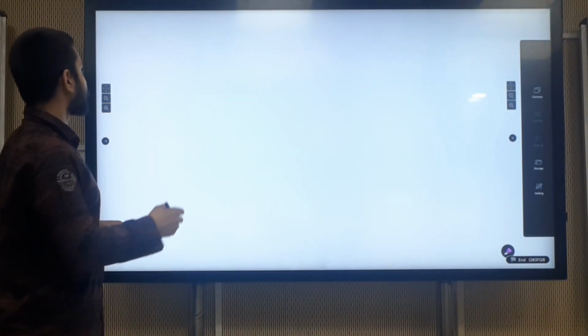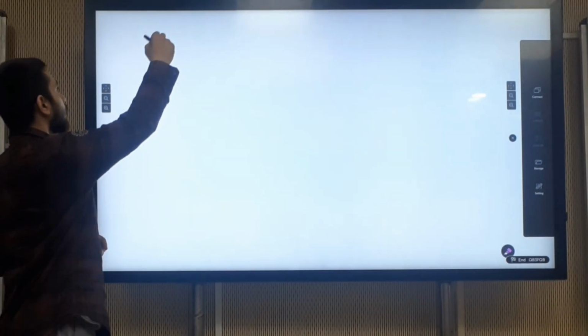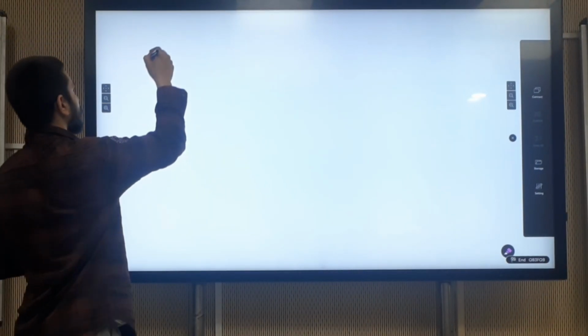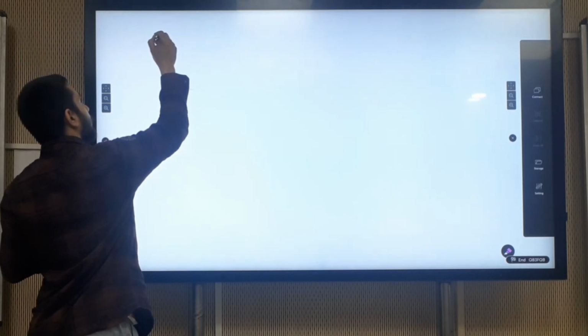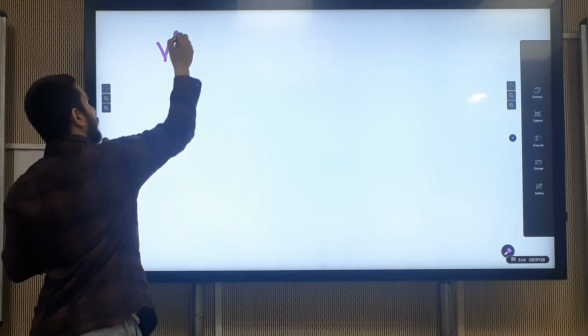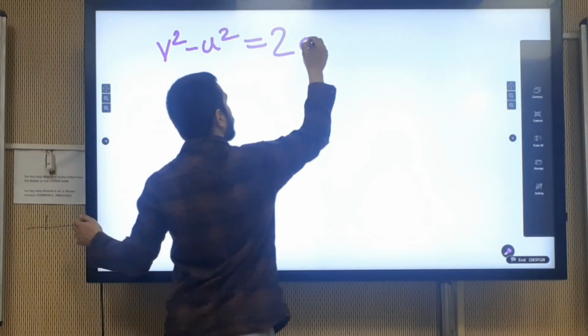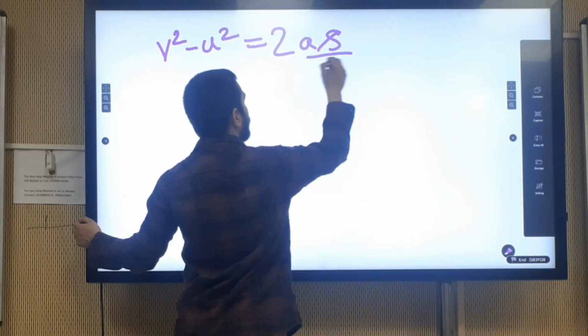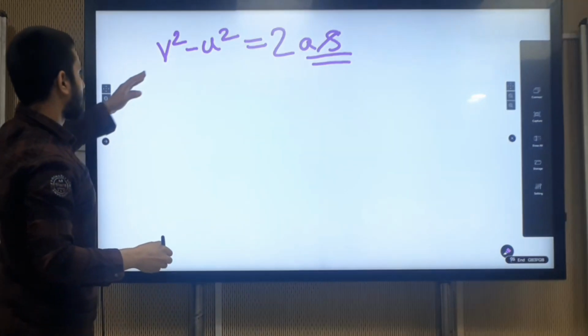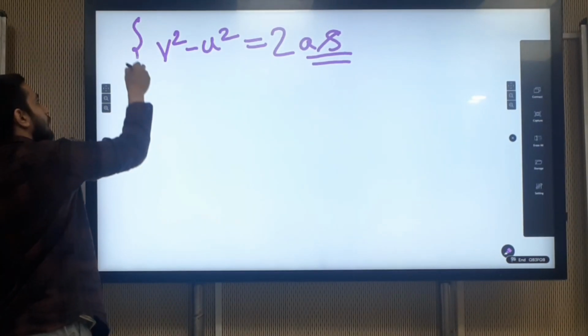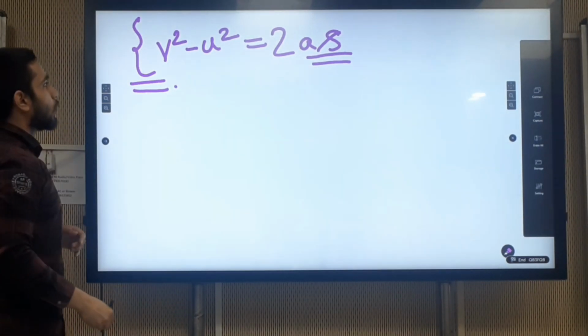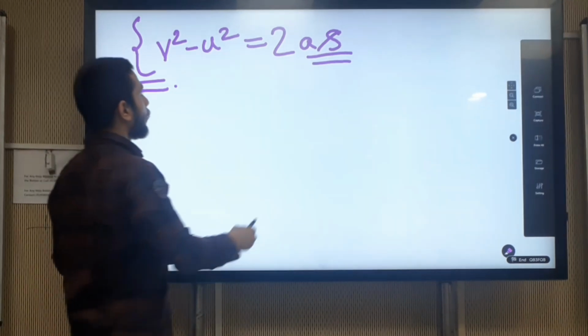Suppose the equation is v square minus u square equals 2as, or 2ax.